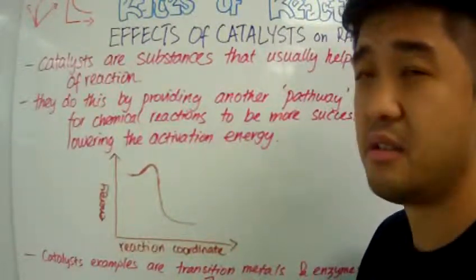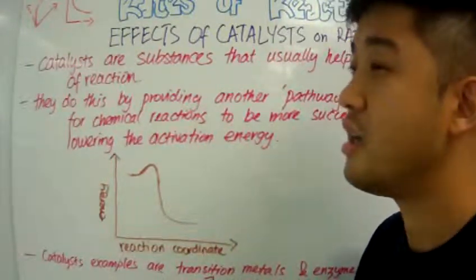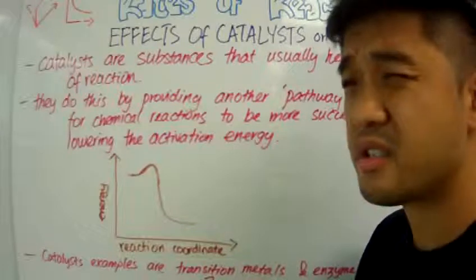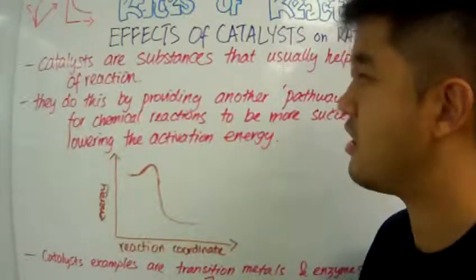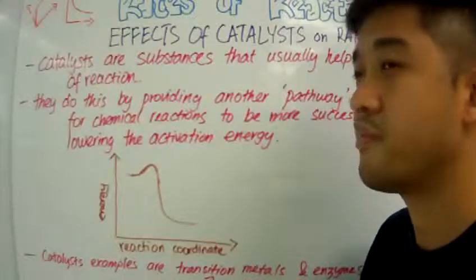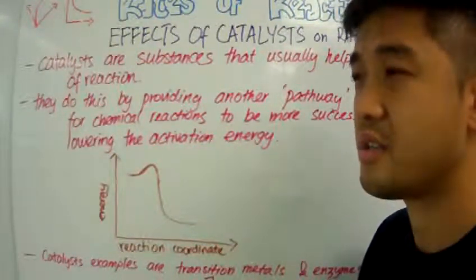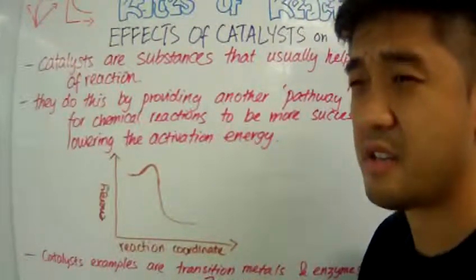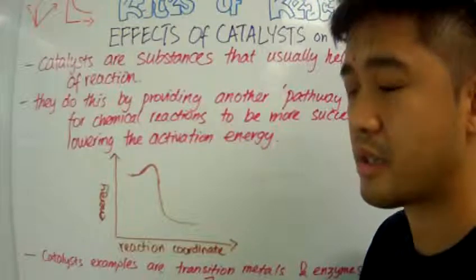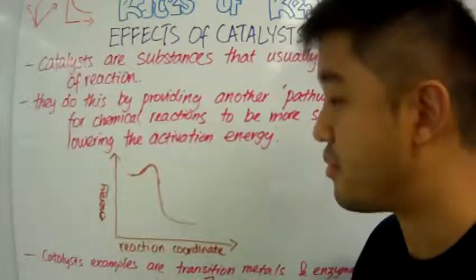We use iron in the Haber process, which is something that we'll talk about later. Our cars have palladium as catalyst to change nitrous oxides and carbon monoxide to carbon dioxide and gaseous emissions that are, let's say, safer for the environment.